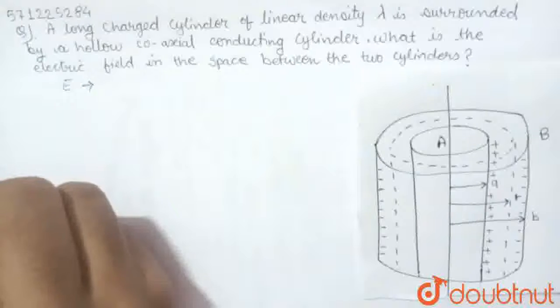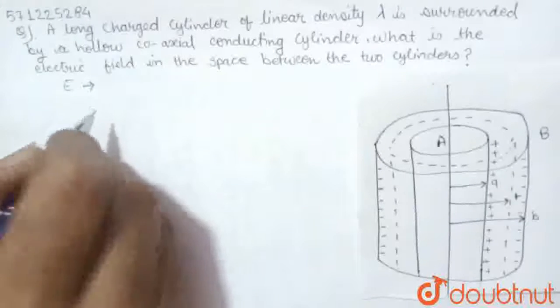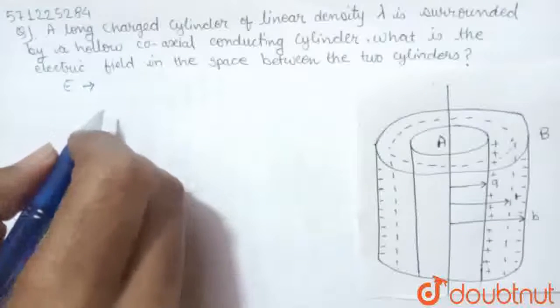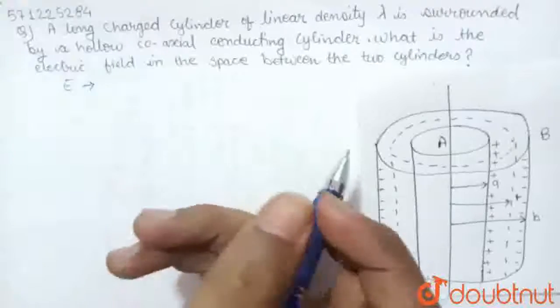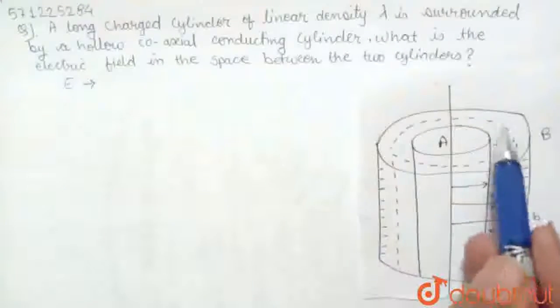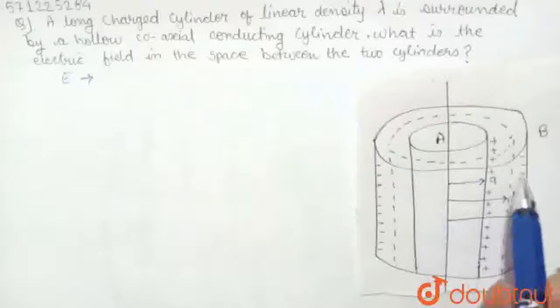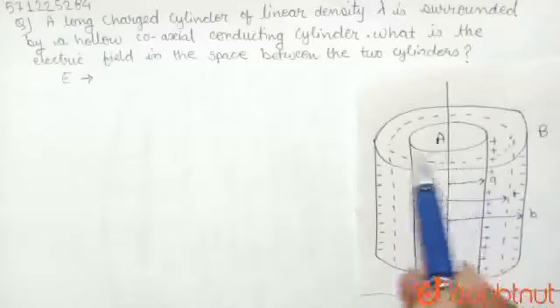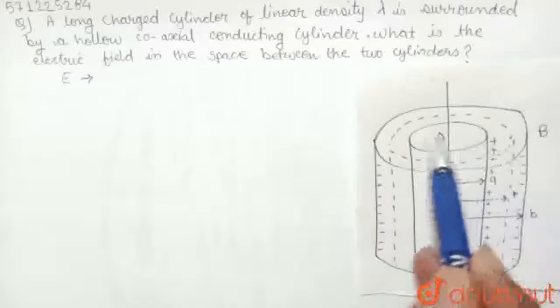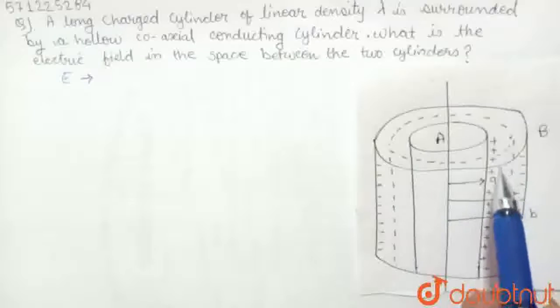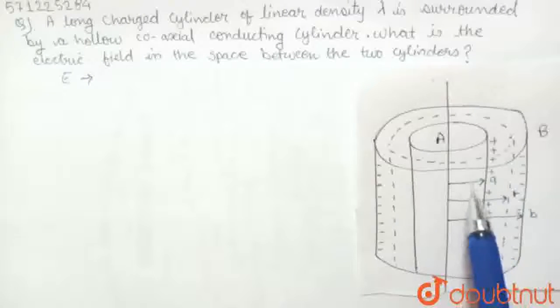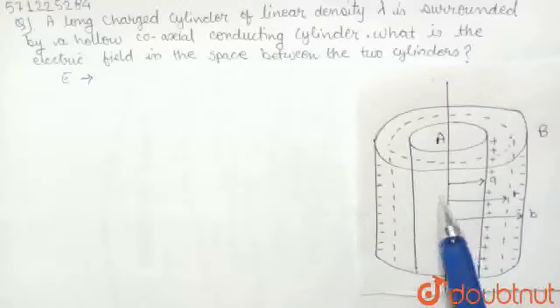Now we know that electric flux will cross through only the curved surfaces of the cylinders, which is the Gaussian surface. We know that the area of the curved surface of a cylinder is 2 pi RL.